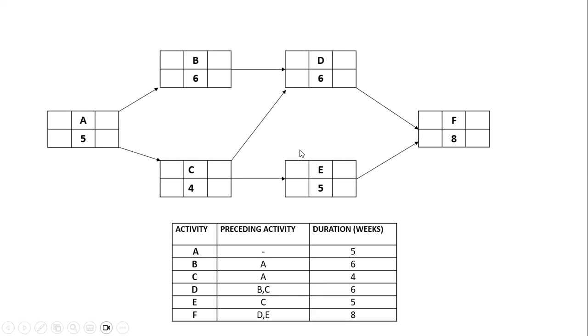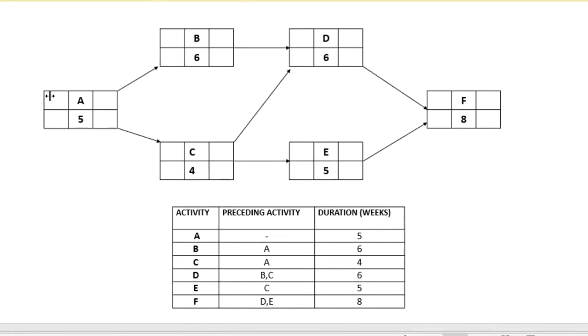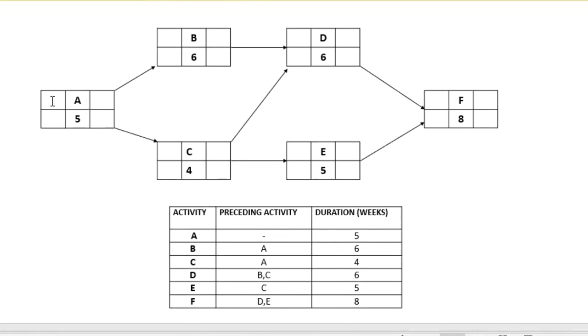Now, let's see if we can complete this. Because remember, you need to know how to work it out so that you can get the correct answer on the exam paper. So there's no preceding activity for A to start, right? So remember, this first box here is the earliest start time. There's nothing before, no activity before A, so it's going to be 0.